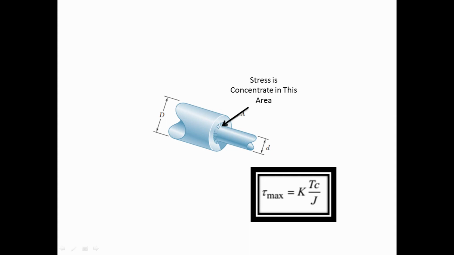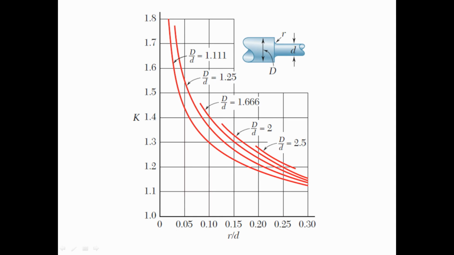So the formula is tau max equals K times TC over J. To find this K, we must refer to the graph.